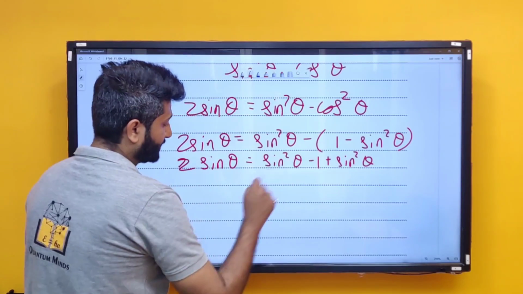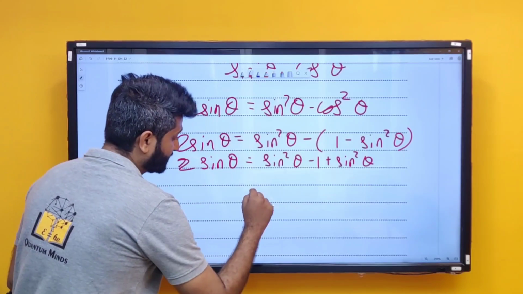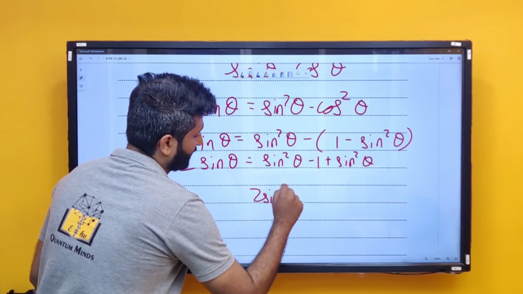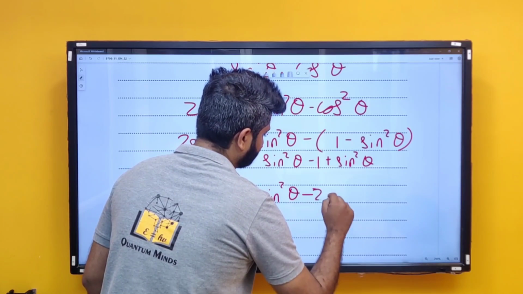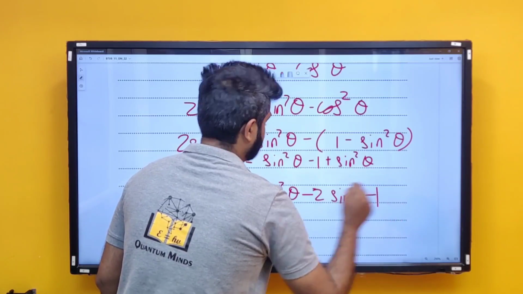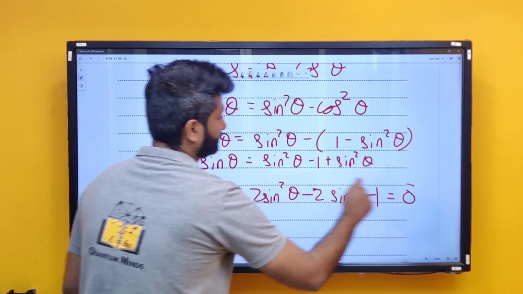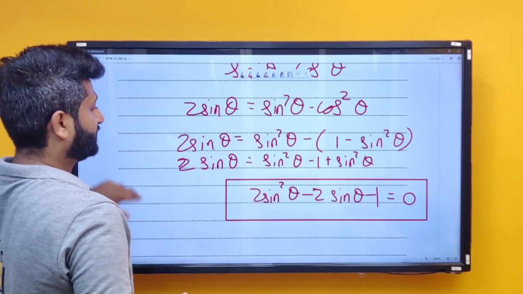So now the equation becomes, if I bring everything on the right hand side, 2 sine square theta minus 2 sine theta minus 1 equals to 0. So this is my final answer.